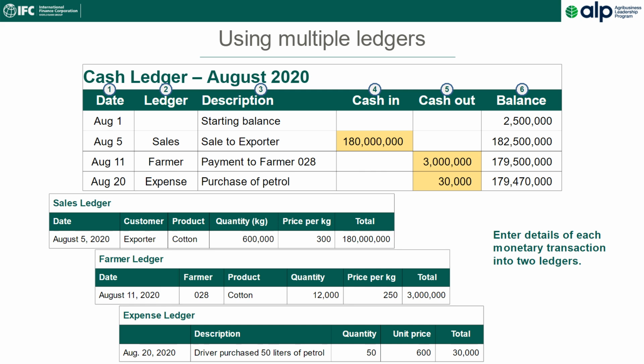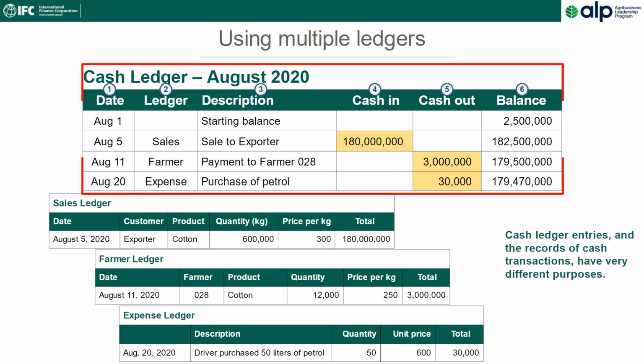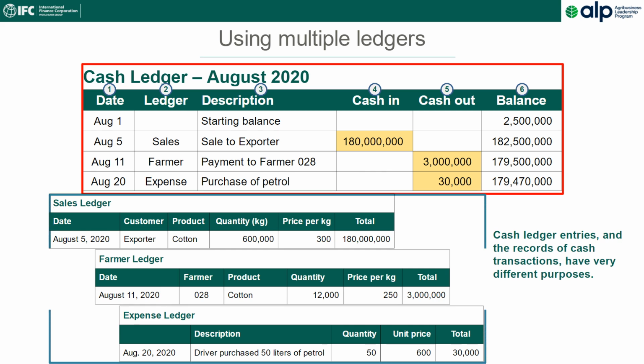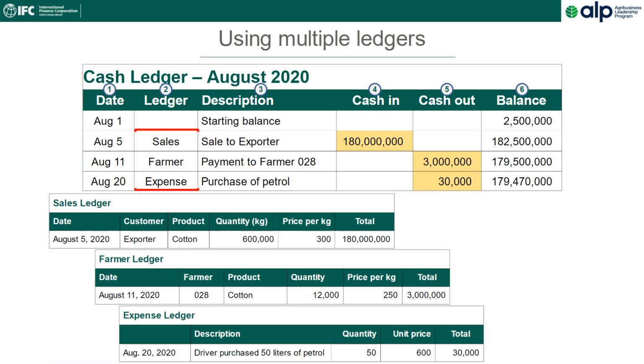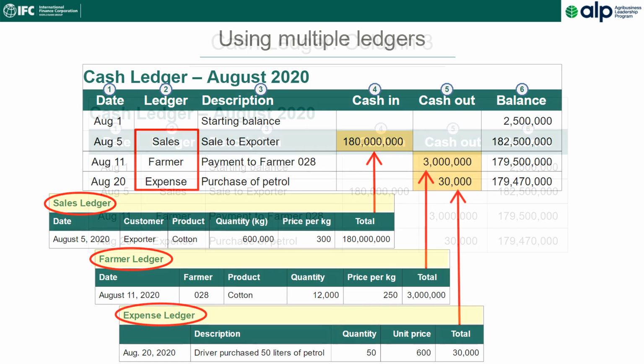Although at first this may seem like you are recording each transaction twice, the cash ledger entries and the records of cash transactions have very different purposes. This example shows that the sources of the cash transactions are the sales, farmer, and expense ledgers.